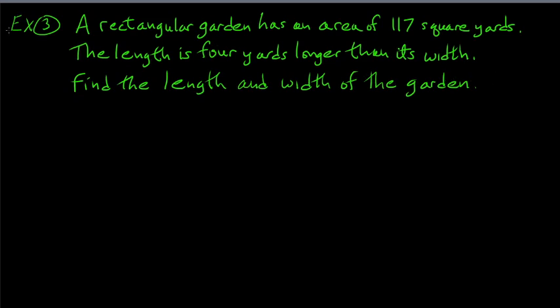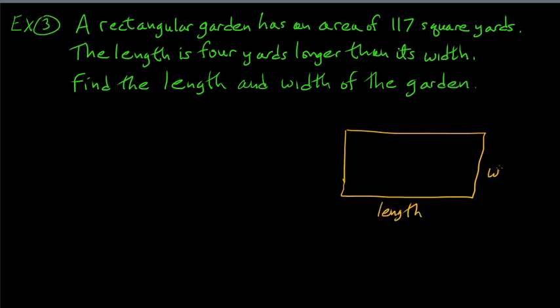Okay, so rectangular garden, let's look at it from the sky. Looking from above, it might look something like this. It's a rectangle of sorts. And of course we know that this is the length of the garden, and this is the width of the garden. And we know the length is longer than the width, so that's the way I drew it. And then the area, in other words, what's inside the garden here.